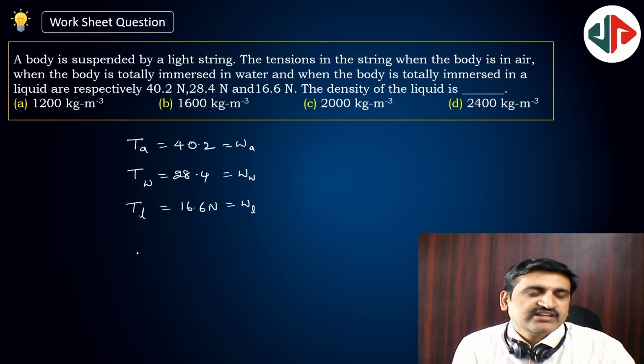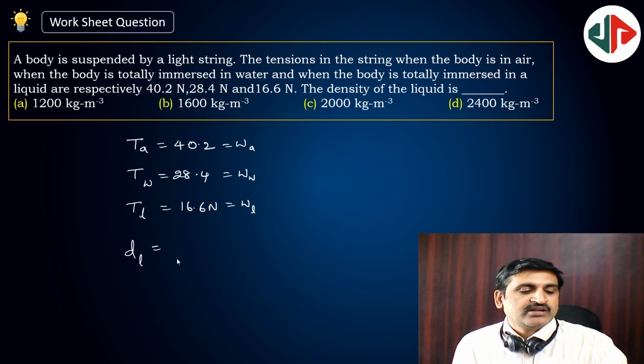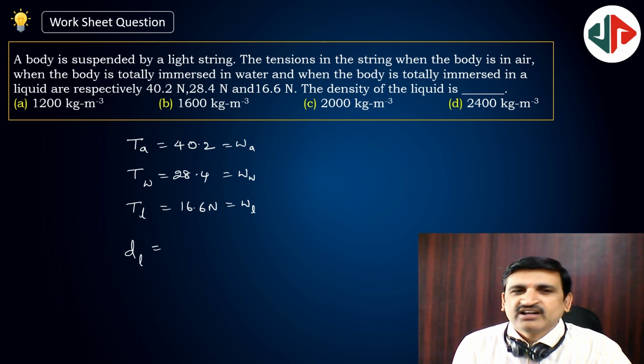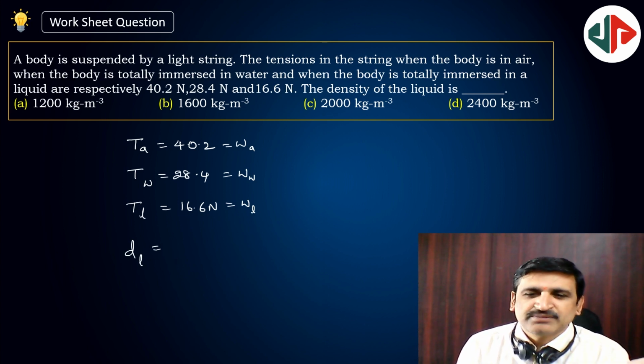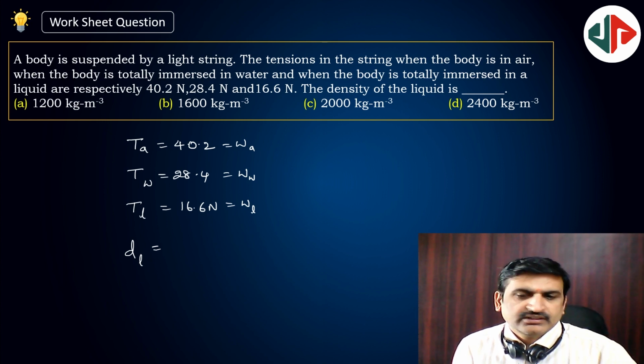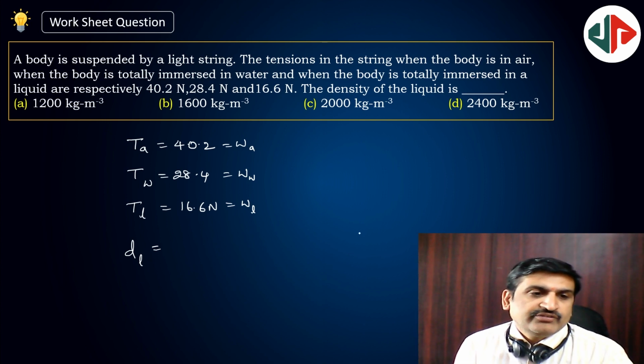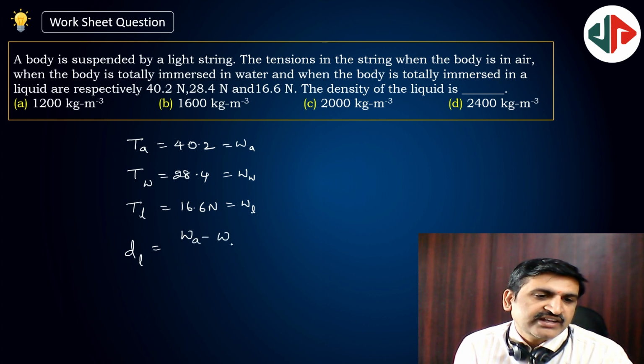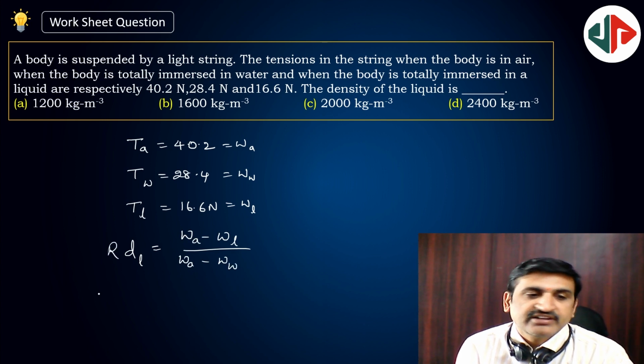Then the density of the liquid is equal to, what is the formula for density of liquid on the basis of Archimedes principle? Yeah, weight in air minus weight in liquid by weight in air minus weight in water, you will get relative density of the liquid, right? In CGS system, it will come automatically.